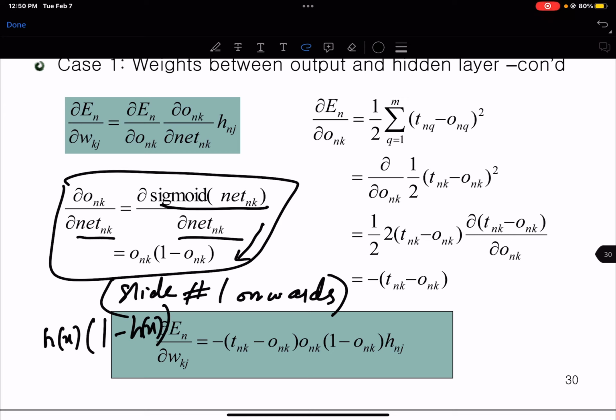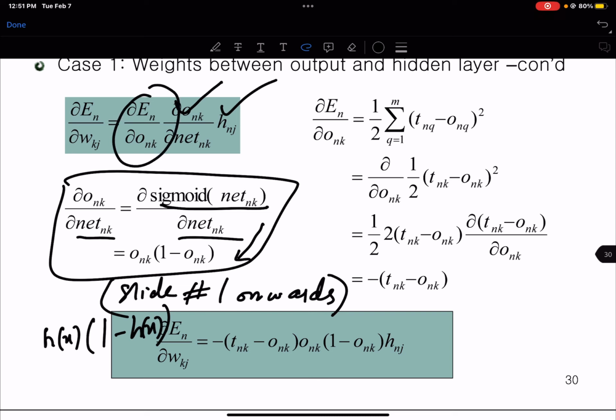We already estimated that and we already discussed that. I recommend you visit that, and if it is not clear, I will discuss it again in the next lecture. So we have come up with this part, and we know this.